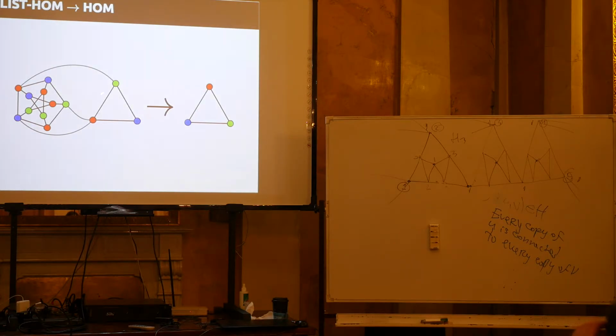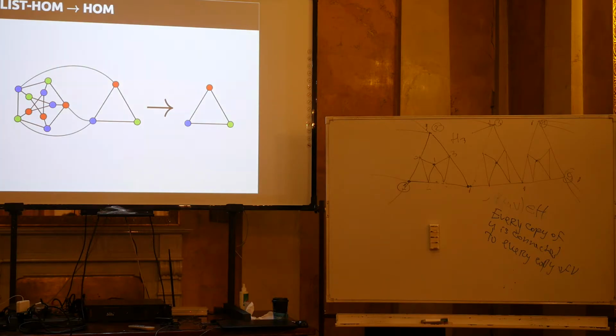For example, I don't want you to rotate this triangle when you are mapping it to here. And then all of my list restrictions are taken care of. Make sense?